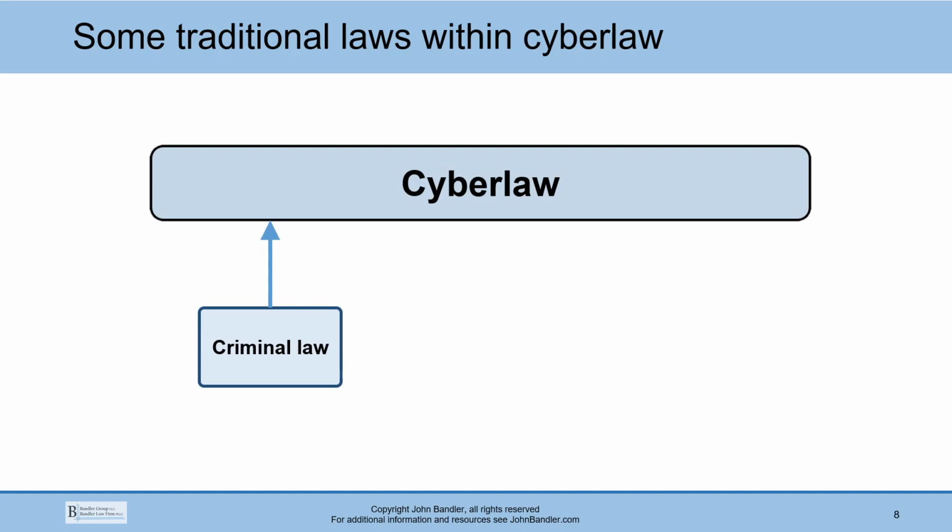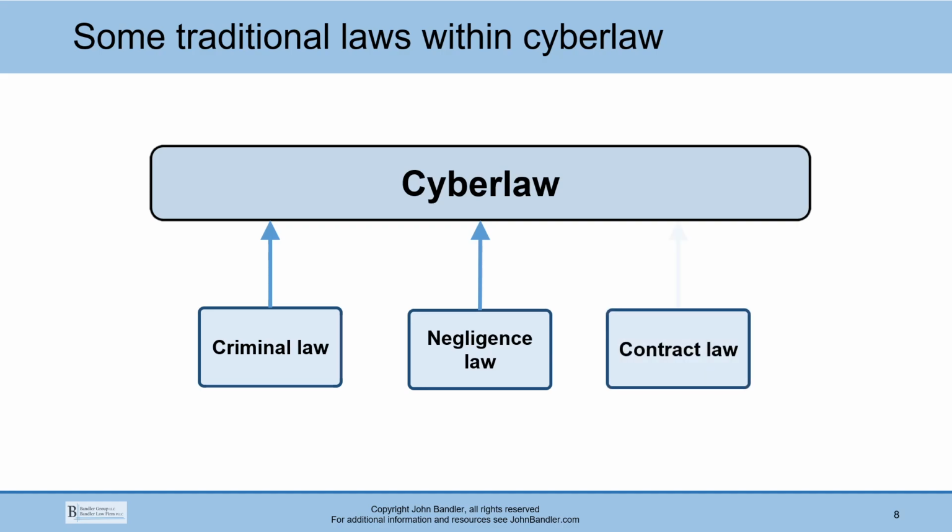Cybercrime happens, digital investigations happen, so criminal law now has cyber law components. Negligence law, too, is a part of cyber law. If you're negligent with your cybersecurity, that might be addressed in negligence law. And contract law is a part of cyber law, too, because contracts are going to have cyber components.